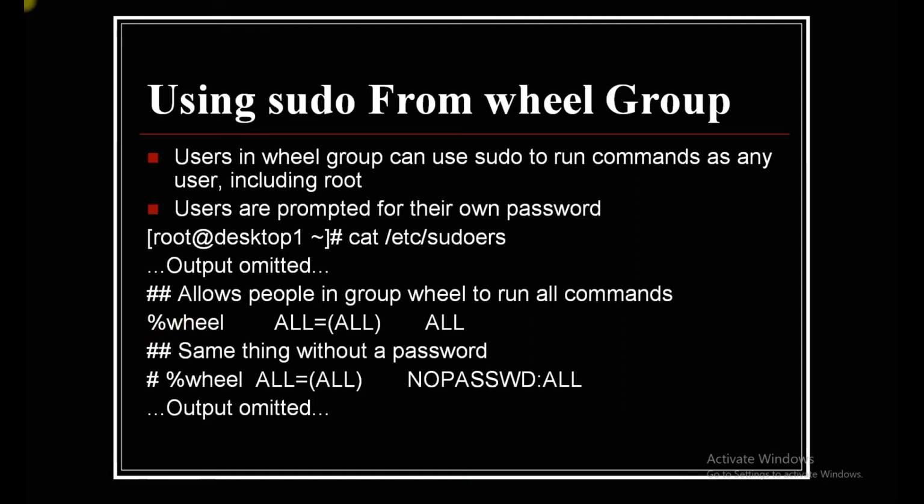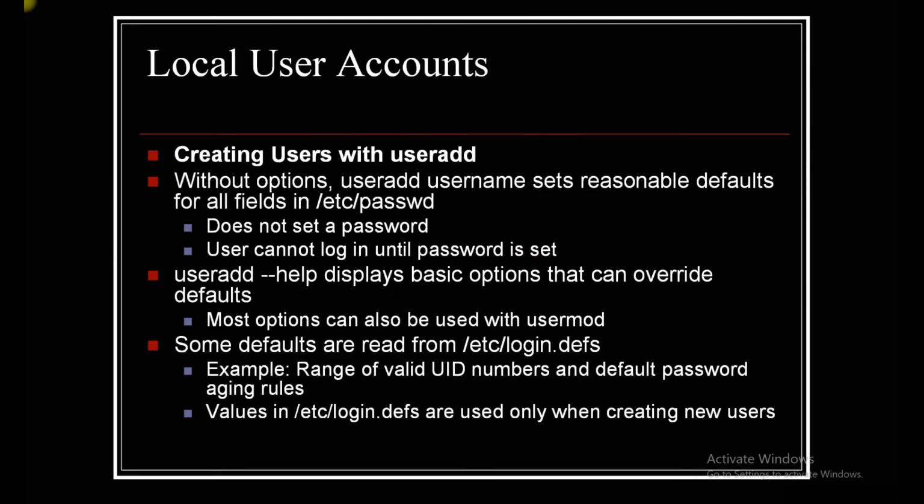So let's say if you want to run reboot using the student1 account, just put sudo reboot, and it will ask for your password, that means the student password, not the root password. Okay, so this is one of the configurations you can use when you are inside the wheel group, and you can run all commands as root.